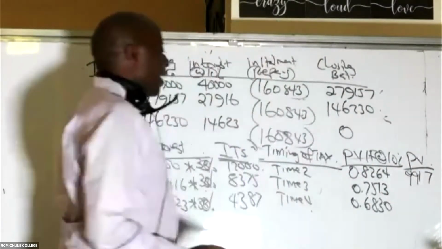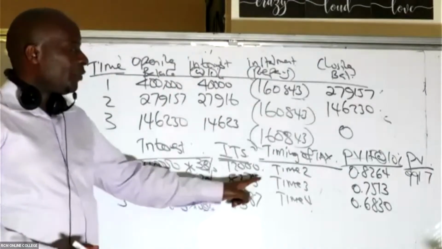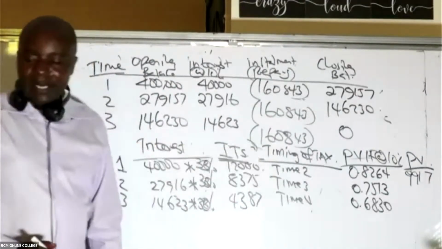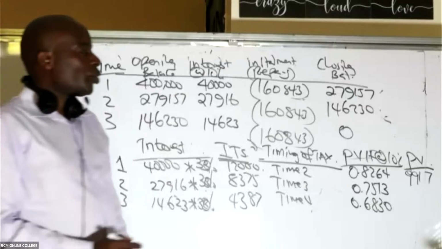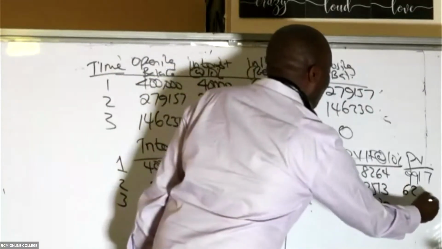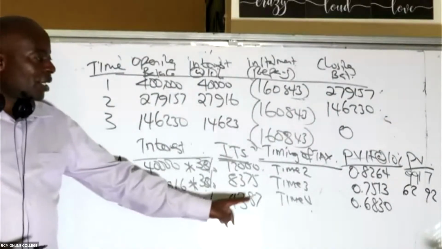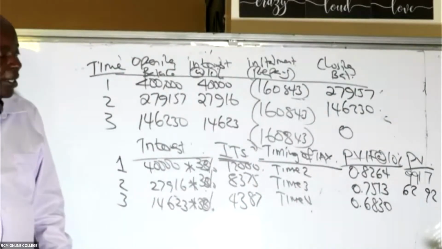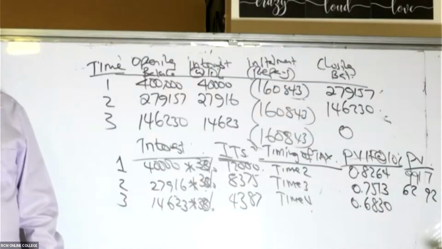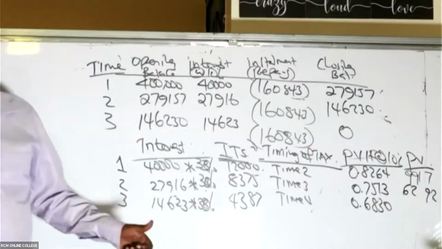All right. How about the second one? Take 8375 times 0.7513. How much do we have there? 6292. How about the third one? You take this times 0.6830. That gives me 2996.